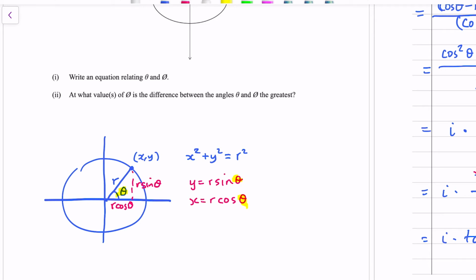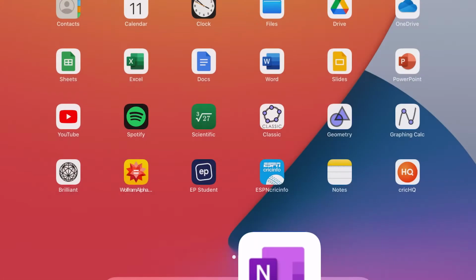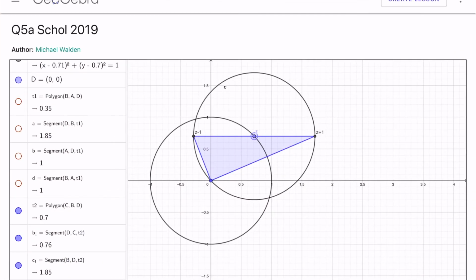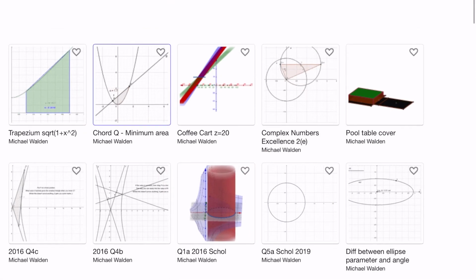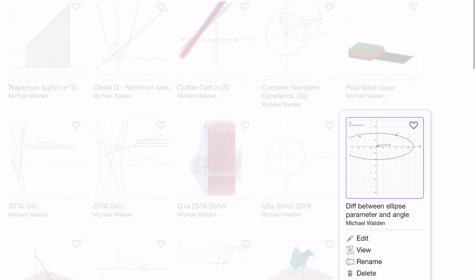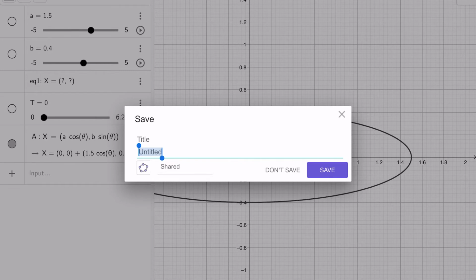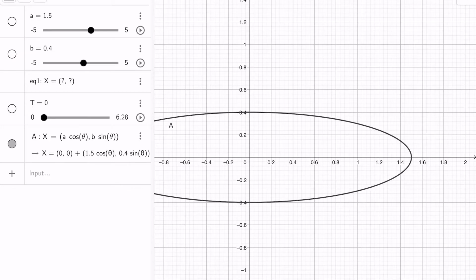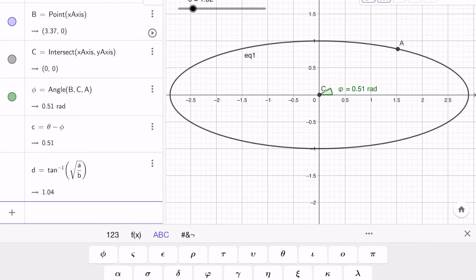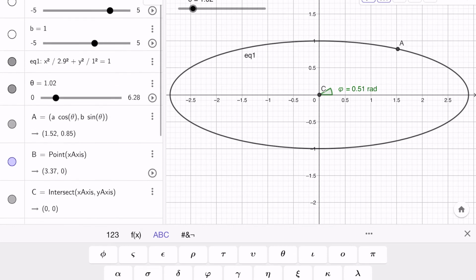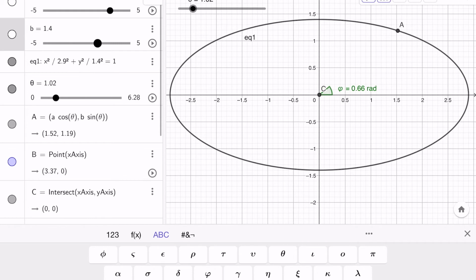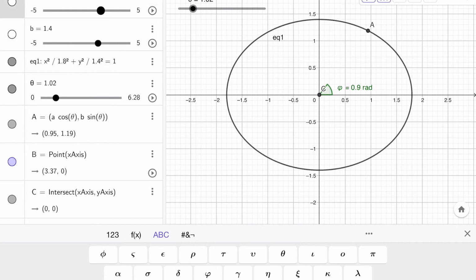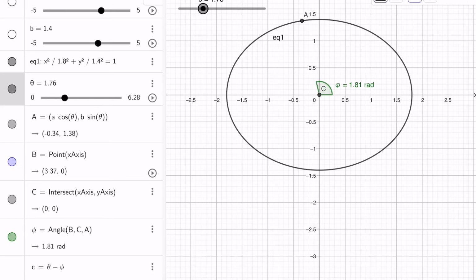Let's just have a look at this picture, another picture that I've created in advance. Okay, so I've got a random ellipse just drawn here, and a and b can be anything. Now, this point A is moving around the ellipse.